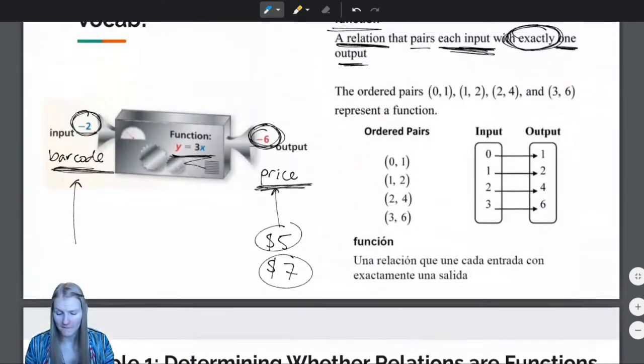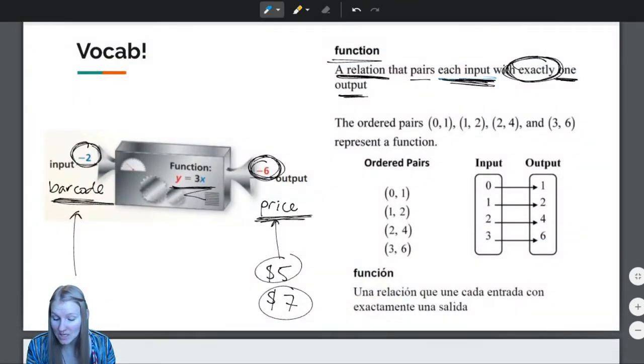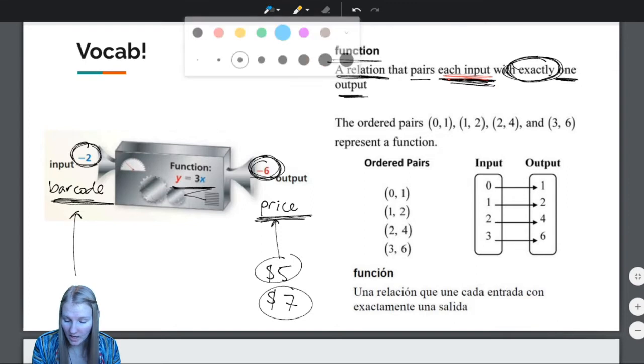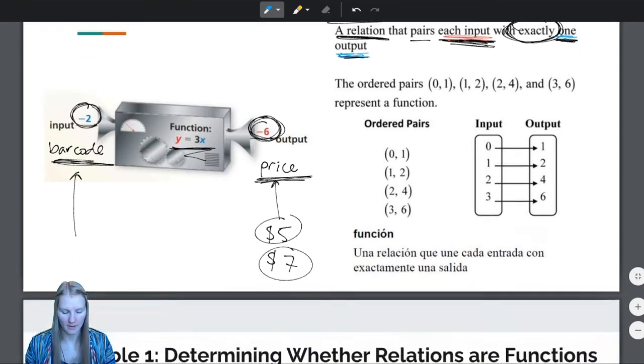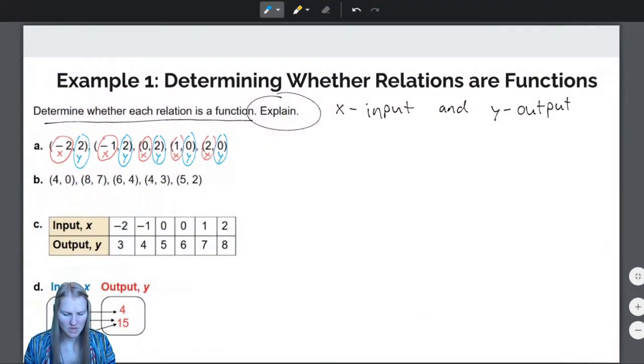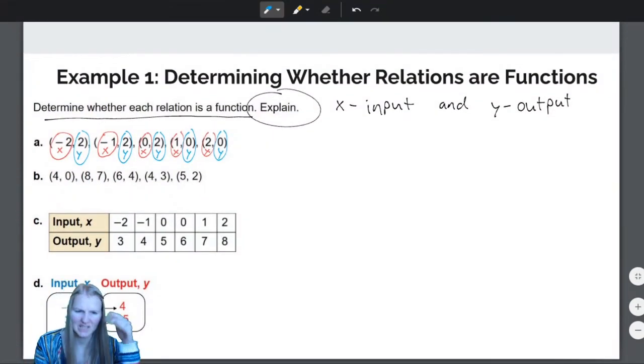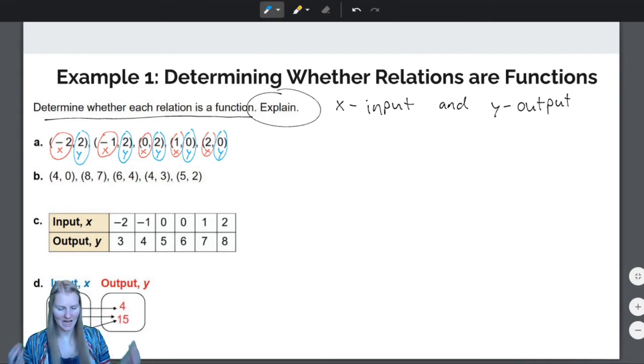Remember, for a function, I want each input, or each x value, to be paired with exactly one output, or one y value. But how can I see from just a list of points if we're getting exactly one output or not?